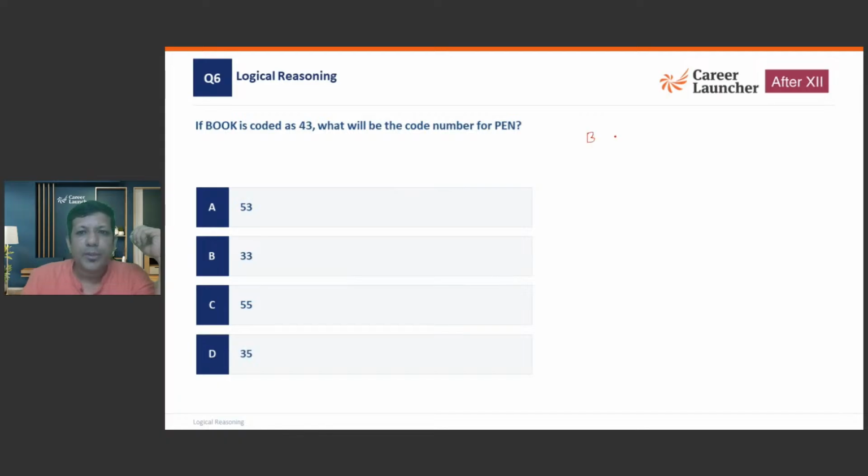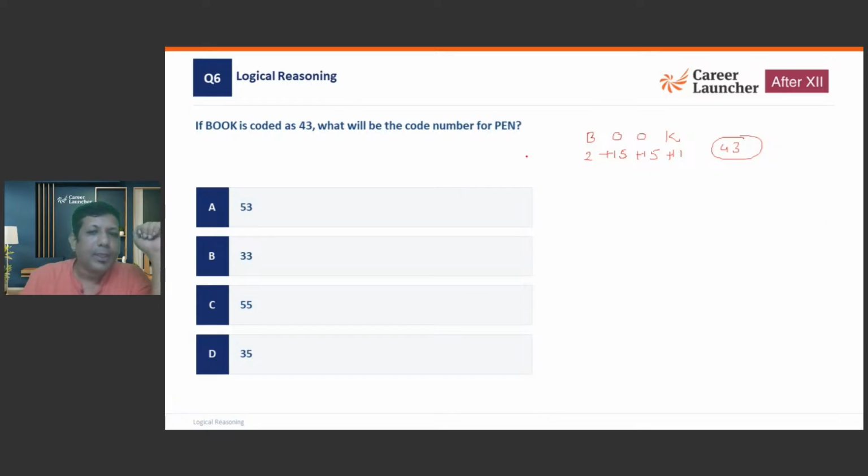So I am writing B double O K. B stands for what? 2. O stands for what? 15. O stands for what? 15. K stands for what? 11. If I add up all the numbers, what am I going to get? I am going to get 43. So basically it is simply addition of all the numbers.